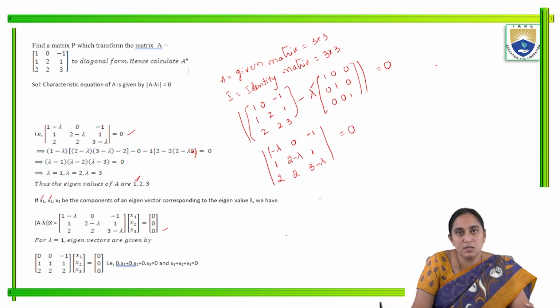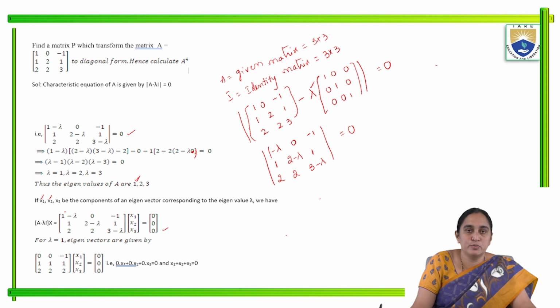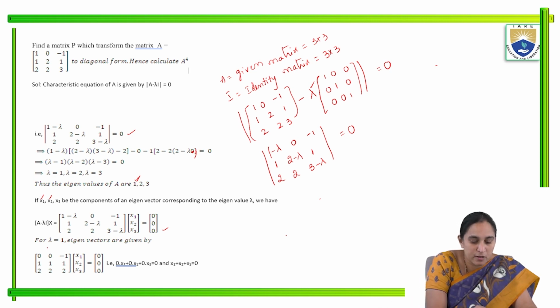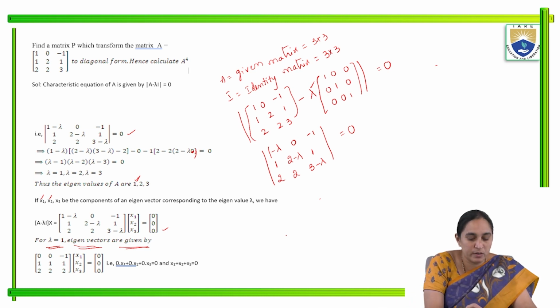For lambda is equal to 1, I am now finding the corresponding eigenvector. For that, with the (A minus lambda I) into X is equal to 0 form, first of all I am substituting lambda is equal to 1. How will it change? 1 minus lambda is 1 minus 1, that is 0.